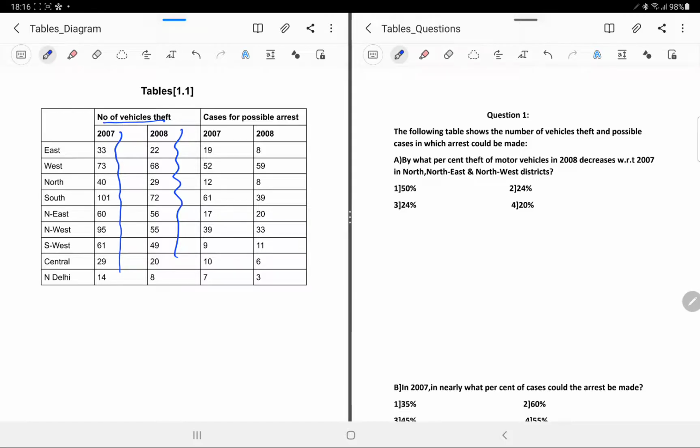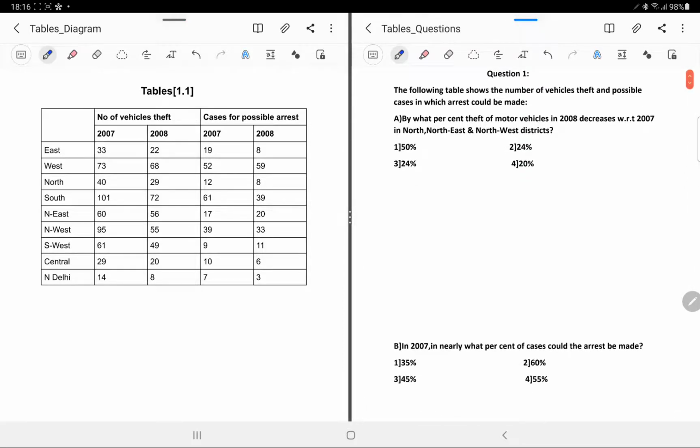So before starting with the question part, let's follow some general instructions that you should take care of while solving any question. Some of this is general for the entire concept of LRDI, but let's talk about tables specifically. The first very important thing is that you need to read instructions very carefully.